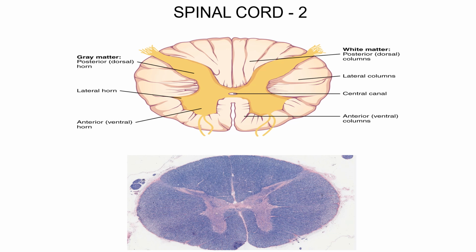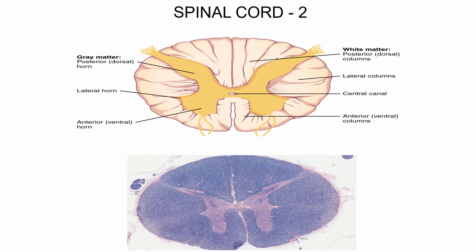This slide has some phenomenal images of the spinal cord. What we're looking at specifically here is a transverse section or a transverse cut of the spinal cord, also known as a cross section. So to refresh you, what a transverse section is basically we're separating the body into a superior and inferior half. So we, for example, cut off the torso or cut off the head, and we're looking down into the spinal cord here.